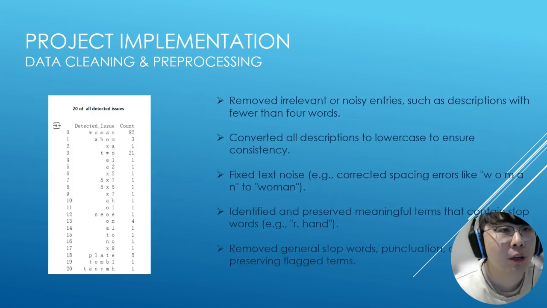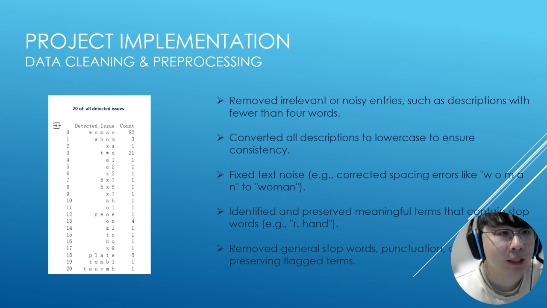For the description column, we conducted several key data cleaning and processing steps. First, we removed the irrelevant or noisy entries, such as descriptions with fewer than 4 words, which are short descriptions. Next, we converted all descriptions to lowercase to ensure consistency across the dataset. We also addressed the text noise, correcting issues like spacing errors. For example, the woman with a space in between, I refer to the word woman.